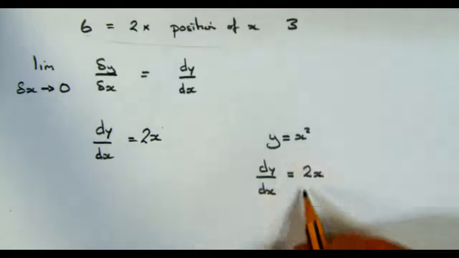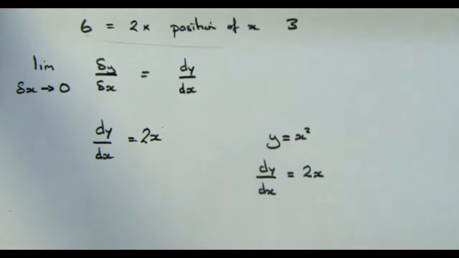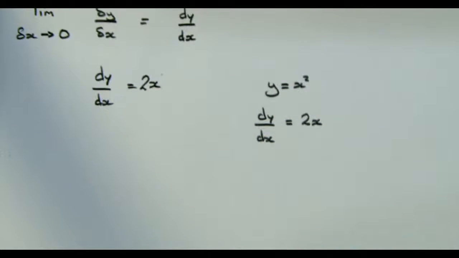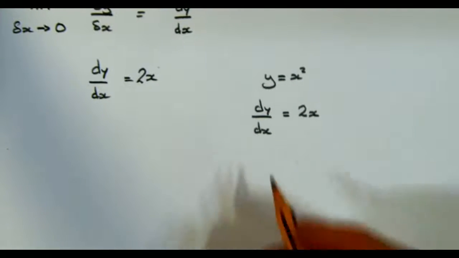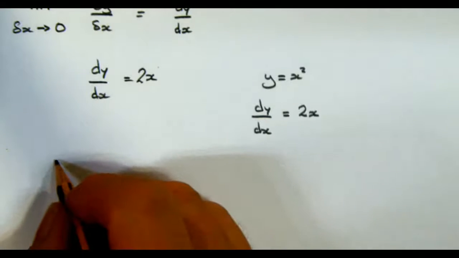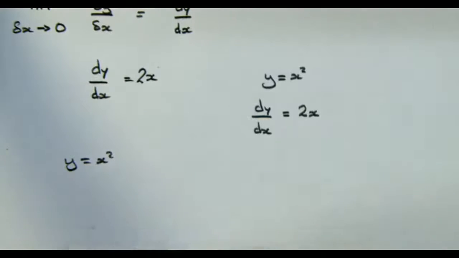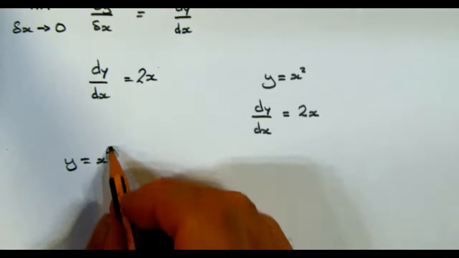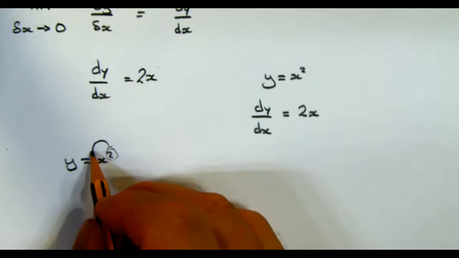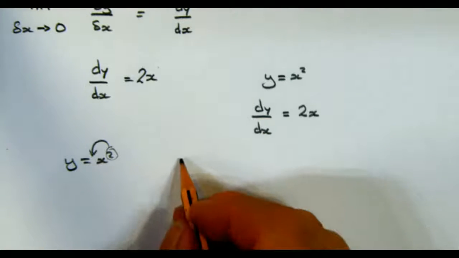Now, how can we do this? Well, a way of trying to do this is to take our function y equals x squared, and we take this number and we multiply that by the x.